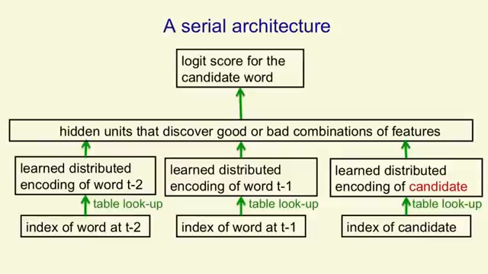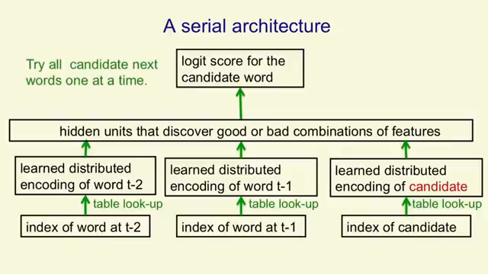Of course, we have to run forwards through this net many times, but most of the work only needs to be done once. So the inputs from the context to that big hidden layer are the same for every different candidate word. The only bit we need to run for each candidate word is the inputs coming from the candidate word and the final output to the score. And of course, that doesn't have many weights in it.